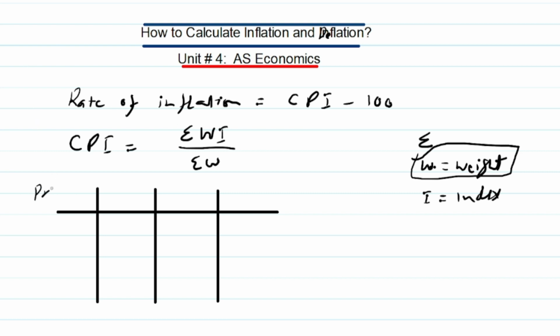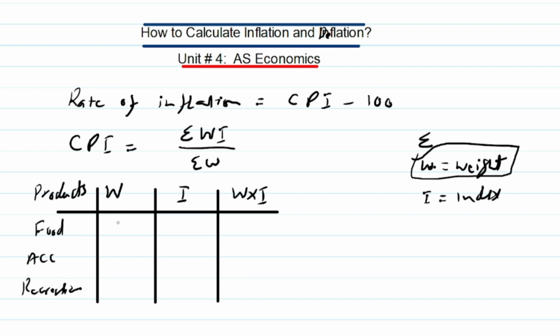So I can write different products or commodities or goods here: products, then weightage of each product, then index of each product, and then W into I, that is weighted index. For example, there are three products: one is food, the other one is accommodation, and the third one is recreation or entertainment, let's say.